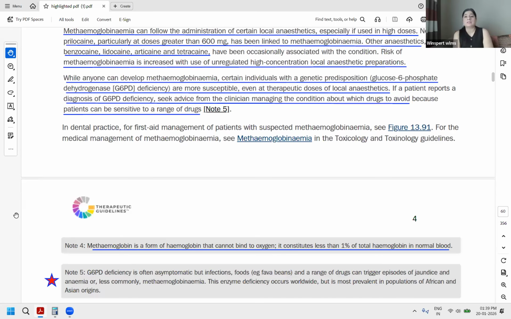But certain individuals can have a G6PD enzyme deficiency. Especially in the African and Asian population, this enzyme deficiency is found. So even at therapeutic doses of LA, not just prilocaine, in fact any LA, it would lead to methemoglobinemia.